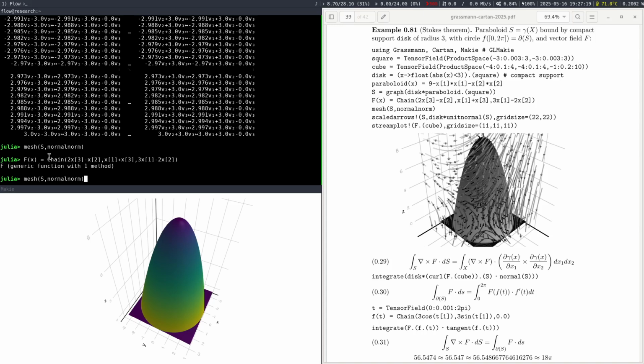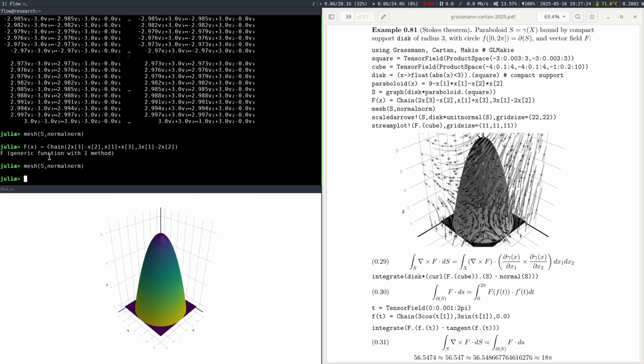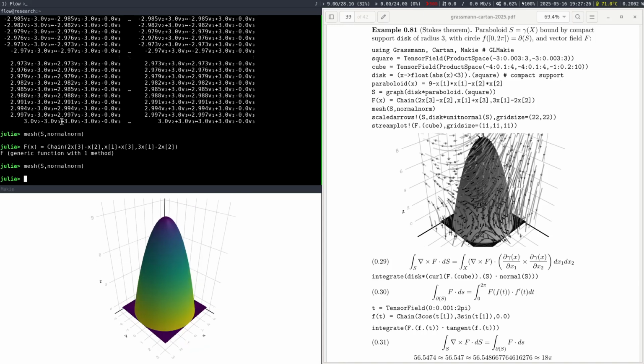Yeah, so I already plotted that, right? And then we can add these scaled arrows on it.